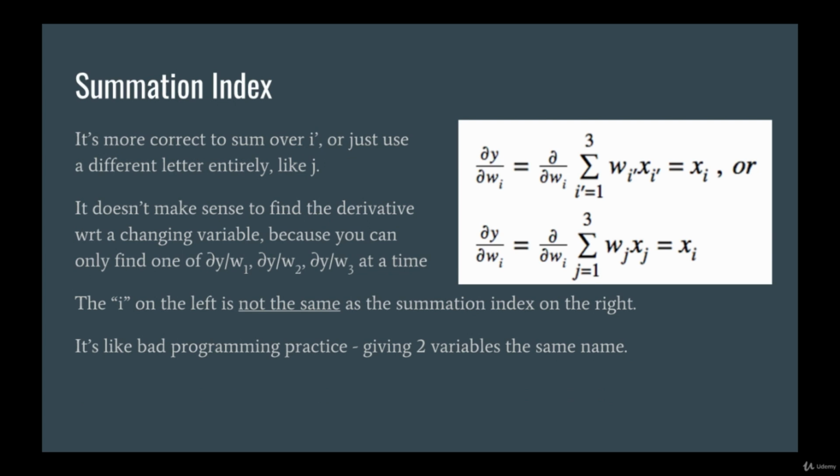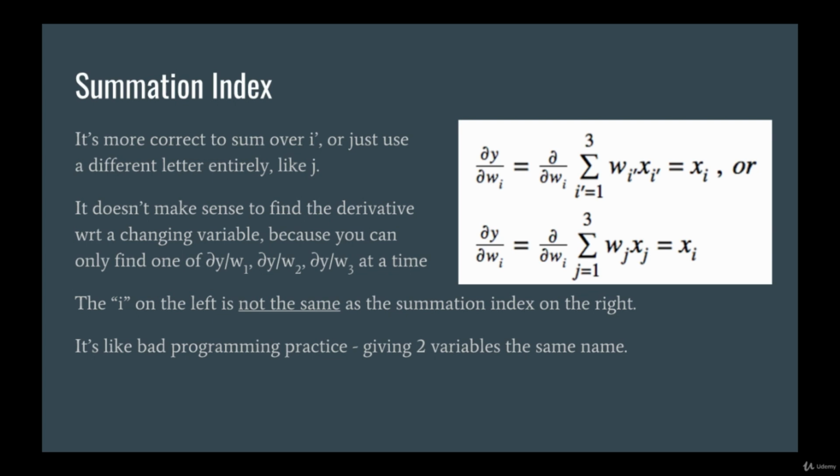Therefore, it's more correct to sum over i prime on the right side, meaning i prime is a changing variable, whereas you take the derivative with respect to wi on the left side, meaning i is a constant. Equivalently, you can just use a different letter entirely.